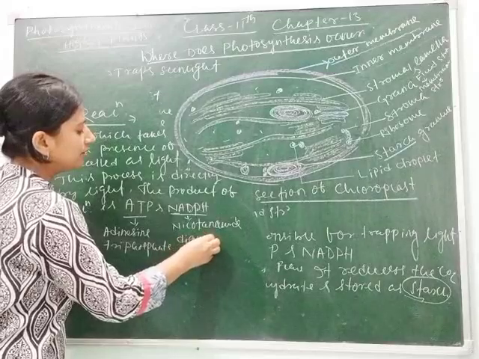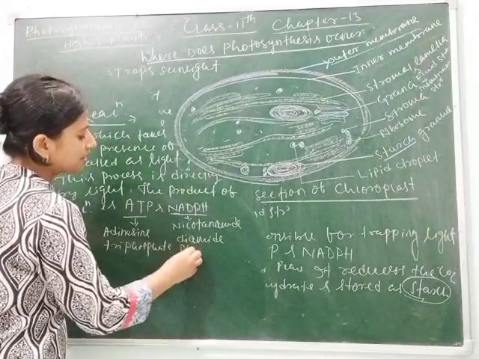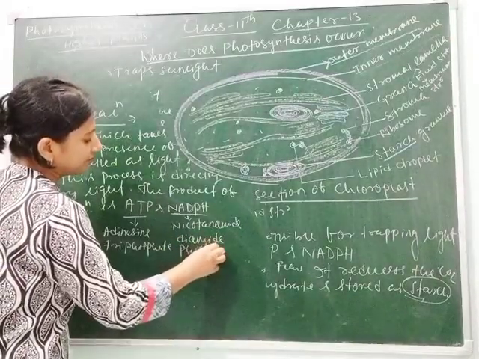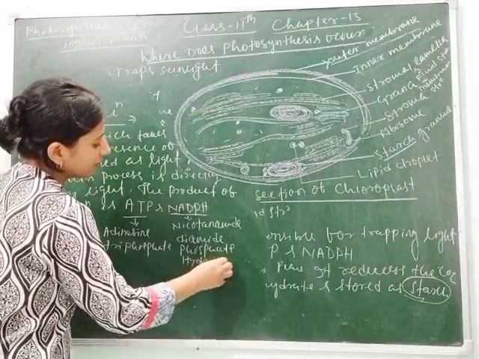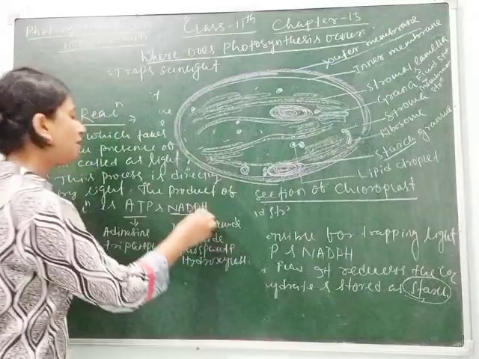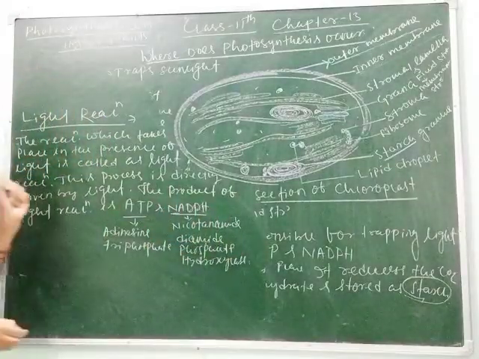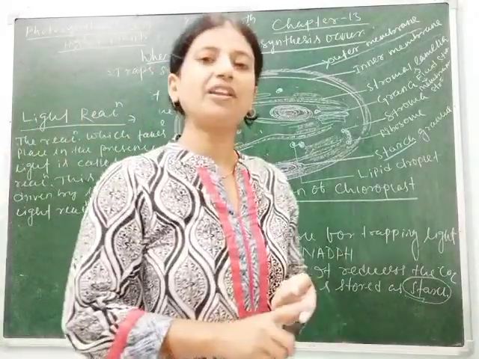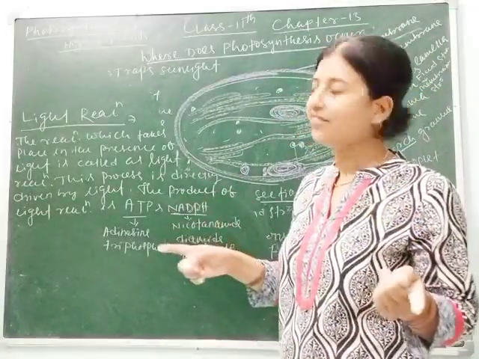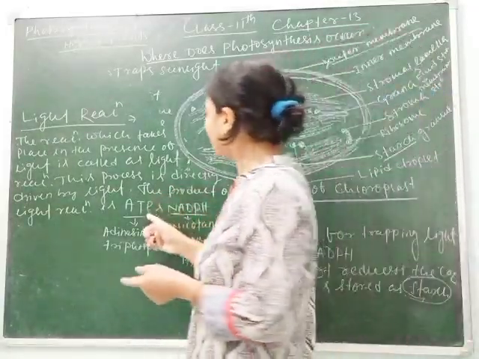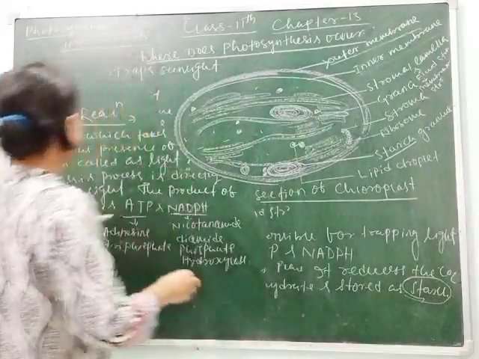This is the full form of NADPH. It means light reaction takes place in the presence of light, it is the process directly driven by light, and the products of light reaction are ATP and NADPH.